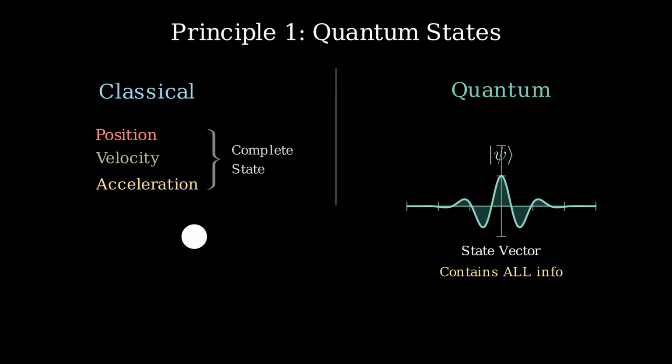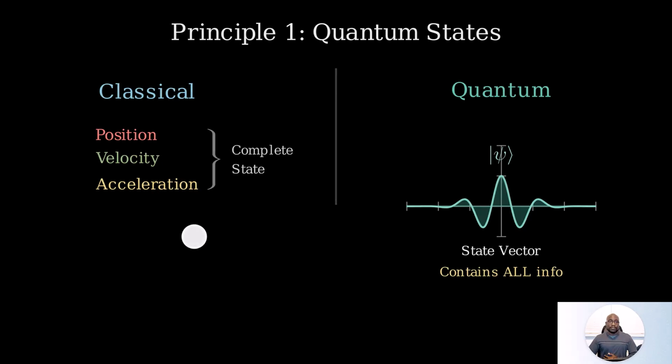This is a complex vector that contains all the information about a quantum system. To work with quantum states, we use something called Dirac notation, named after physicist Paul Dirac. Instead of writing vectors the traditional way, we use the ket notation.